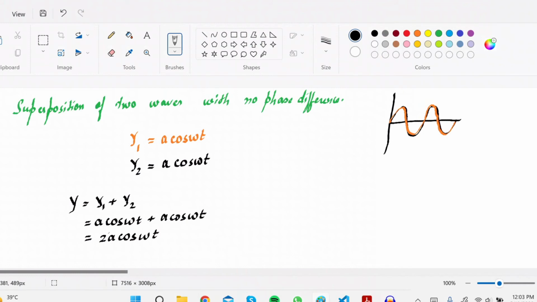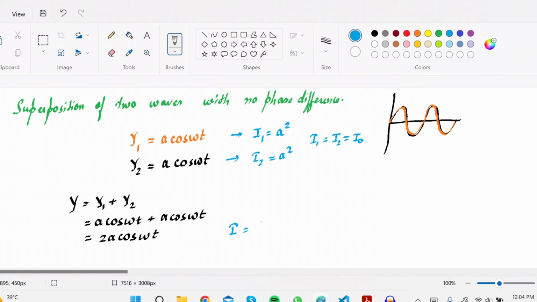So from here what we found is that if y1 is the first wave, then its intensity is amplitude squared. The intensity of the second one is amplitude squared, and I1 equals I2, so let's call it I0. I1 is the first intensity, I2 is the second intensity, and both are equal to I0. What is the intensity of the resultant wave?